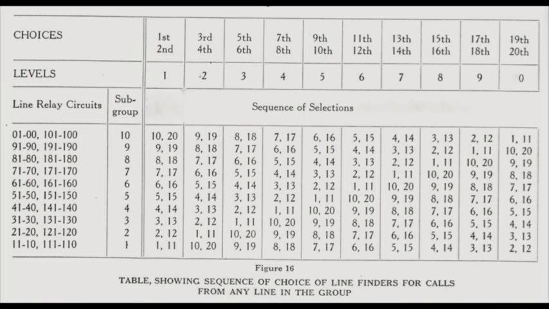This lower shelf line finder preference arrangement applies all along the selection chain. This results in higher usage on the lower shelf line finders versus the upper shelf line finders. An enhancement to the selection process was introduced in the mid-1950s to correct this problem.